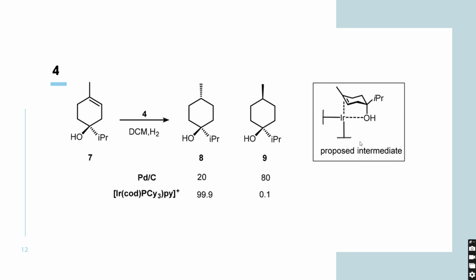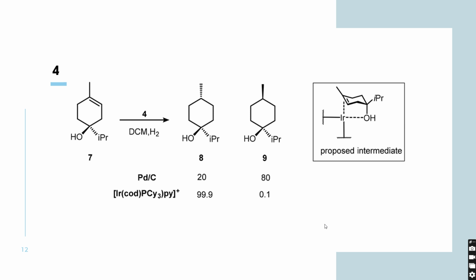You don't have to go deeper. You just have to look at the alcohol functionality. What happens is you have a metal surface in the Crabtree catalyst, which is iridium. So when you have such polar groups containing lone pair electrons, they can bind to or coordinate to the metal surface and can facilitate the hydride donation from the same phase as the polar group.